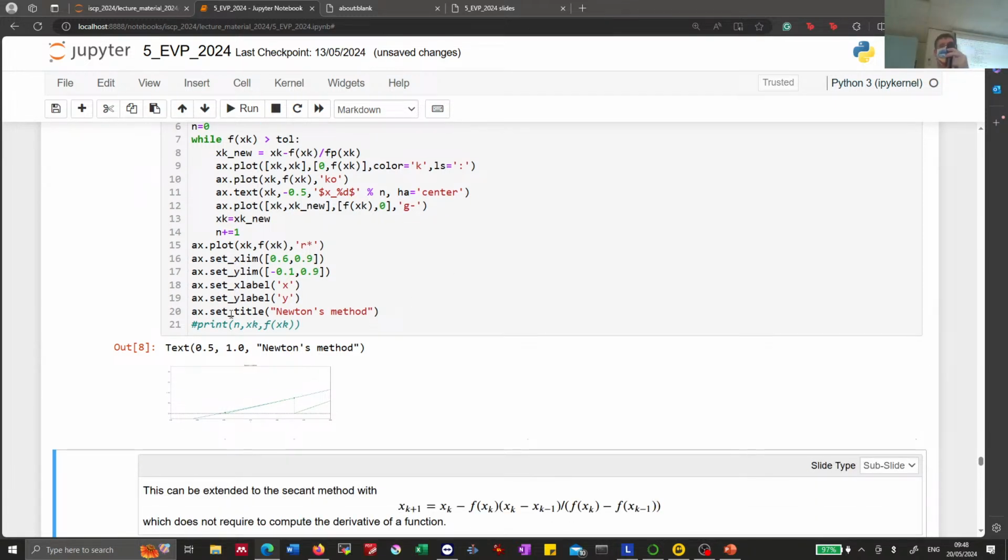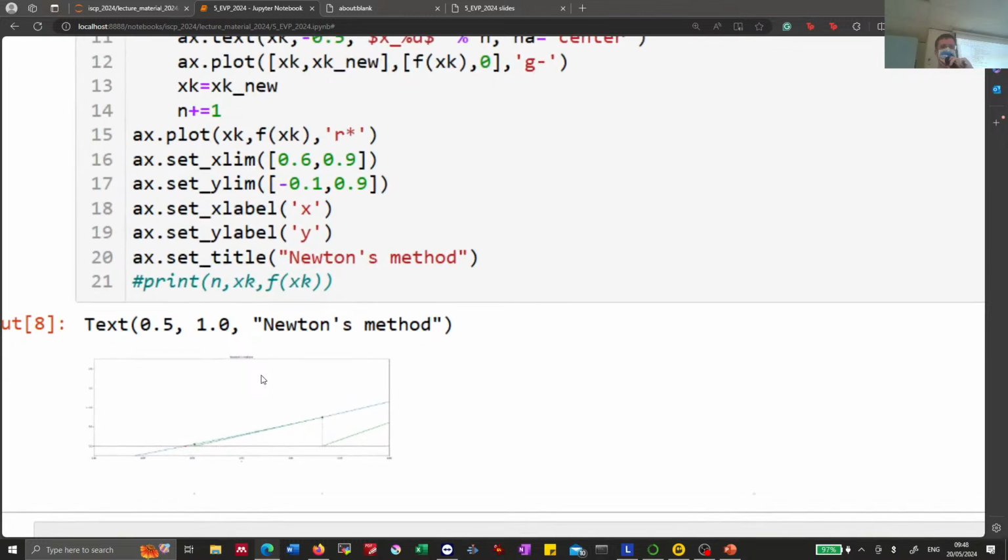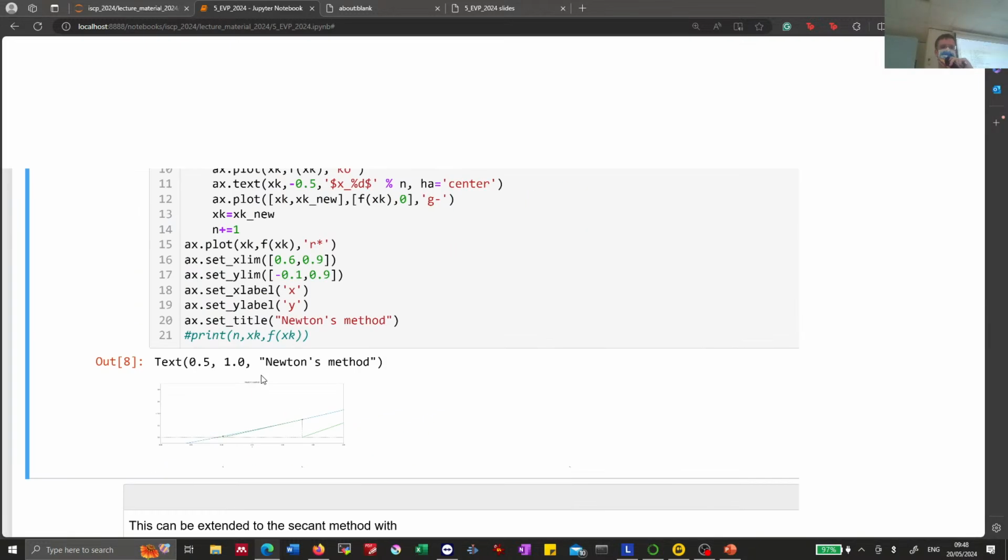Anyhow, so okay. Okay, so the figure is a little bit small. Then we do it differently.